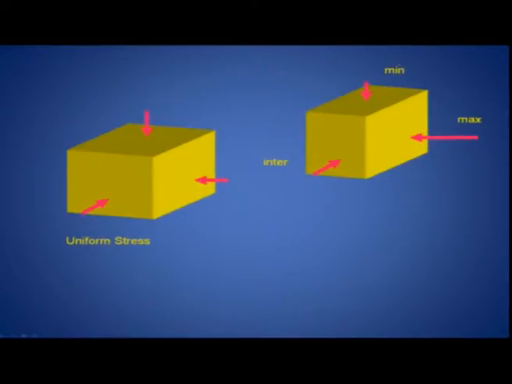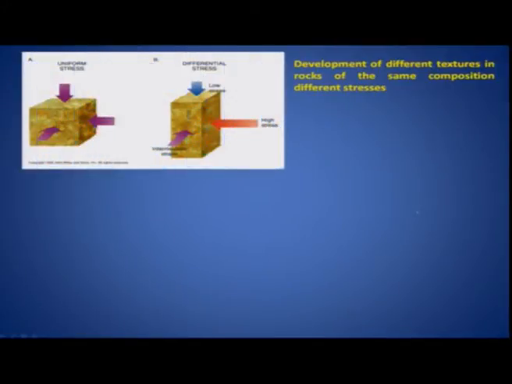The deformation will be maximum along sigma 1. That is what we call differential stresses. Due to the differential stresses, we see different types of faulting or fracturing in the rocks.